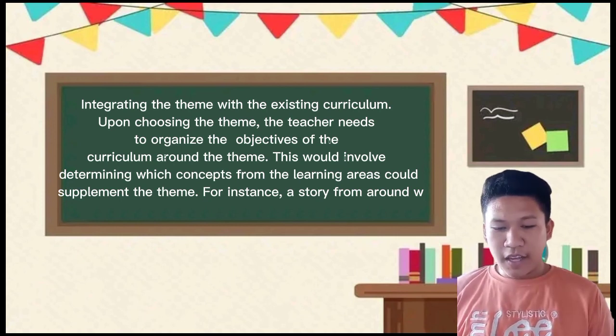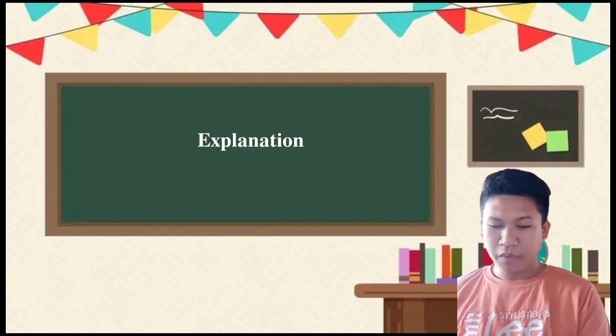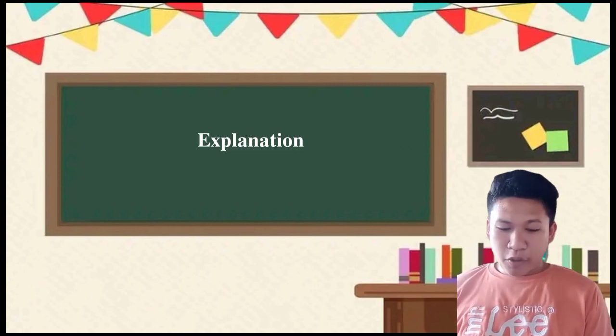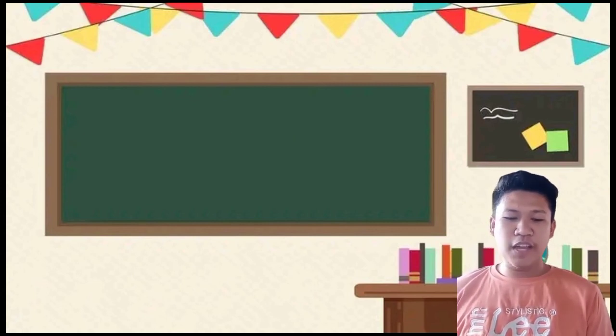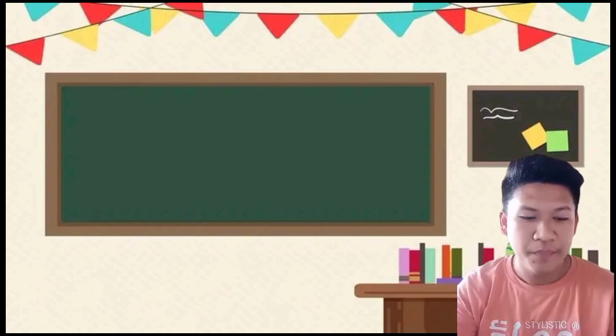For instance, a story around which a theme of community is derived could be supplemented by social studies, values education, and mathematics. So, upon choosing them, the teacher needs to recognize the learning objectives of the curriculum around them.